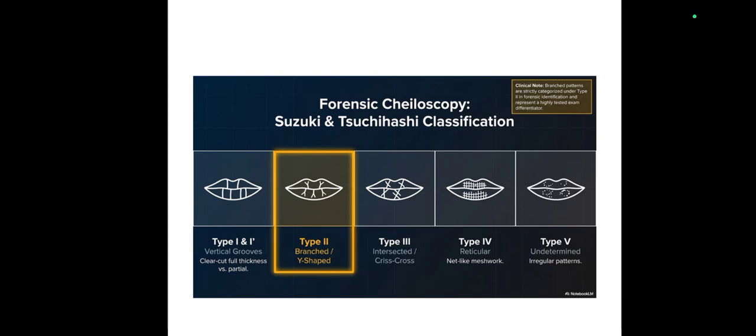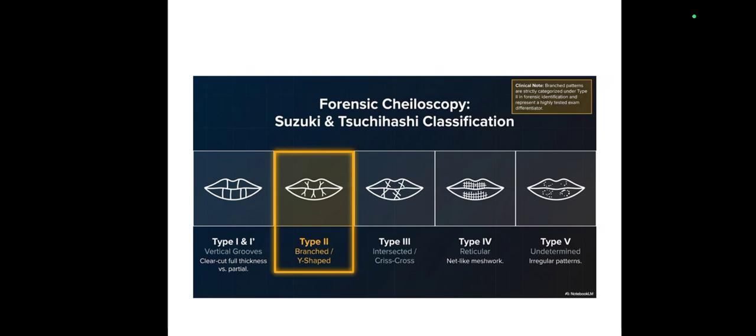Type 2, which is our correct answer, specifically represents a branched or Y-shaped pattern. Type 3 is an intersected or crisscross pattern. Type 4 represents a reticular, net-like meshwork. Type 5 is for undetermined or irregular patterns that don't fit the others.